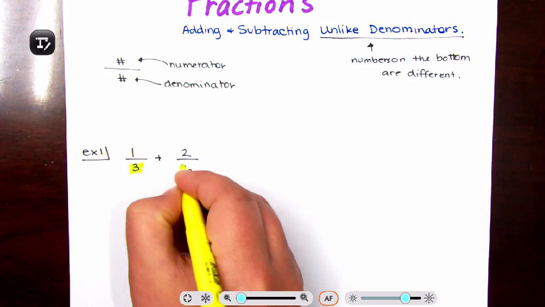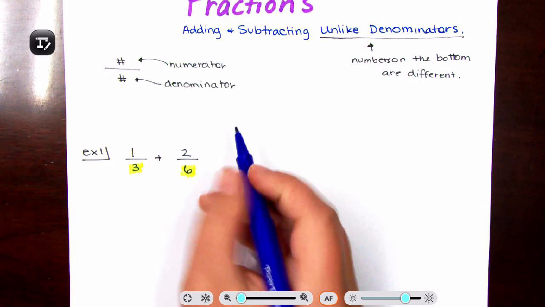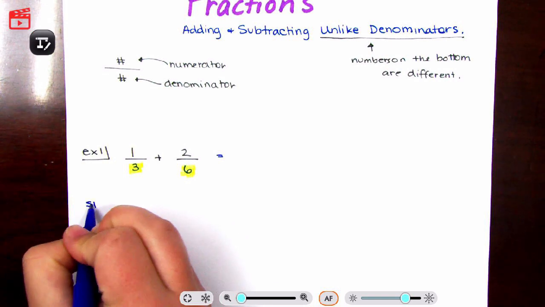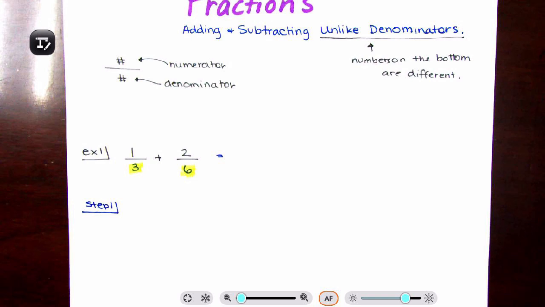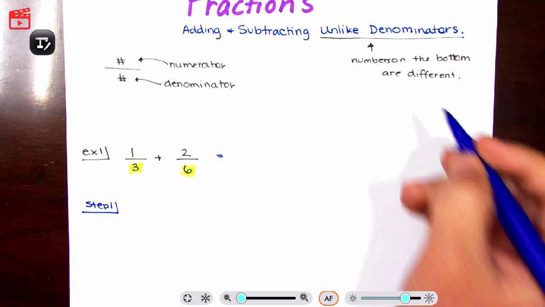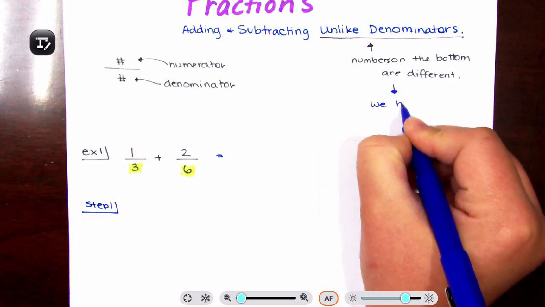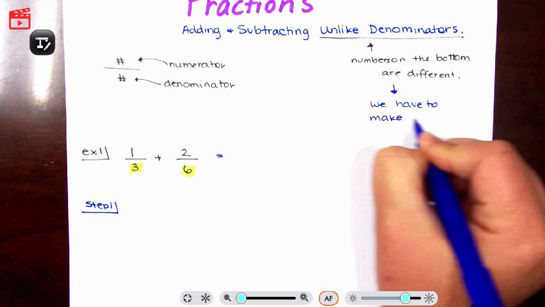Because the number on the bottom is different, we cannot copy and paste the denominator into our answer. It's different. There's nothing to copy. So what we have to do is make the denominators the same.